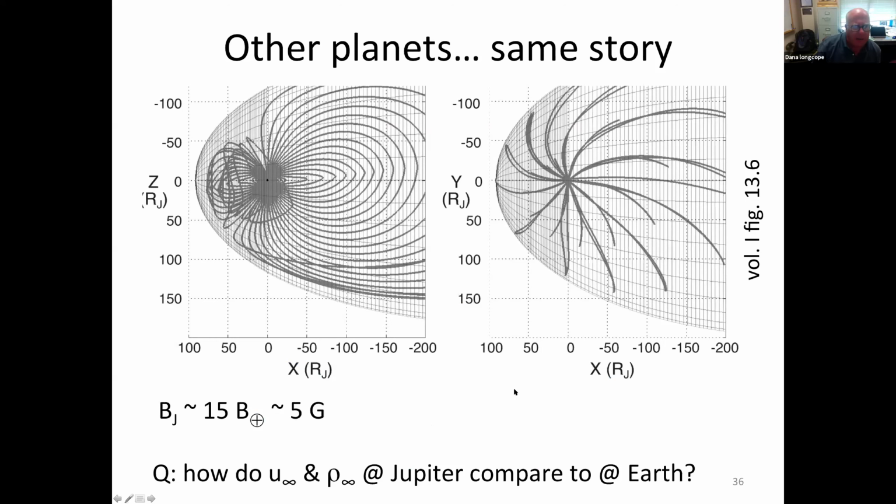So that would basically be 15 to the 1/3 power, which wouldn't be very much bigger. So you would think the Jovian magnetosphere is probably not too much bigger than the Earth's magnetosphere, just based on the magnetic field strength. Anyone know why that is not the whole story?